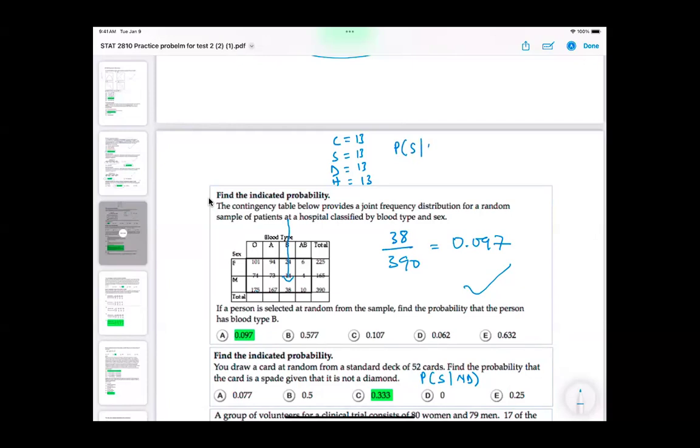Spade given not diamond is going to give us the probability of spade and not diamond, divided by the probability of what? Not diamond. Does that make sense? We already know the definition for these conditional probabilities. Is that okay?